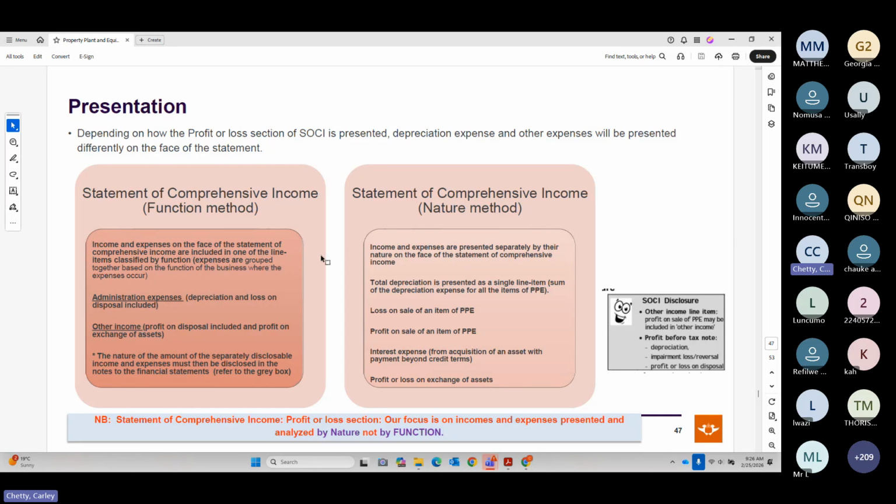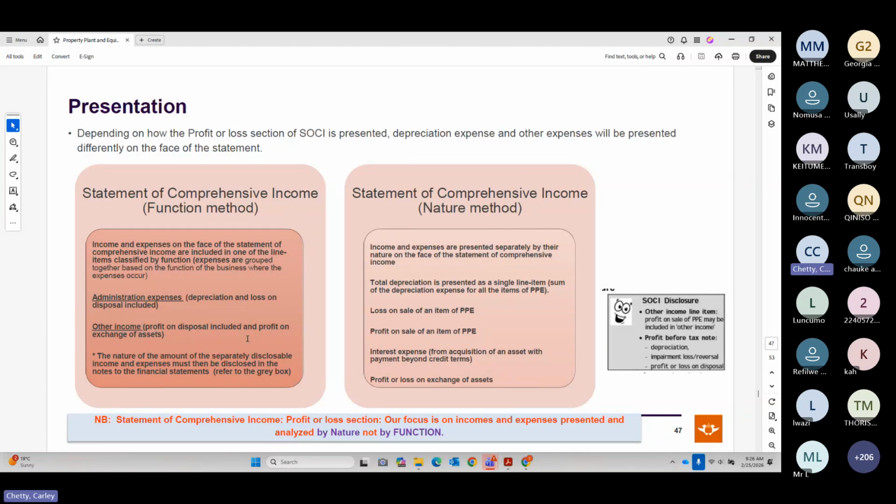So the expenses are going to be grouped together based on the function of the business where the expense occurs. So for example, they'll show the administration expenses, and the depreciation and the loss on disposal will be included under administration expenses.